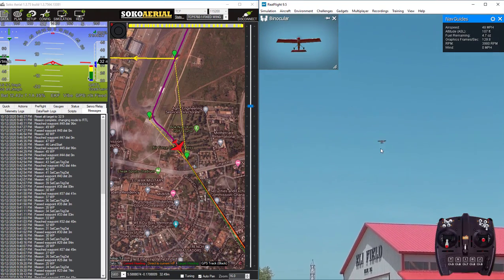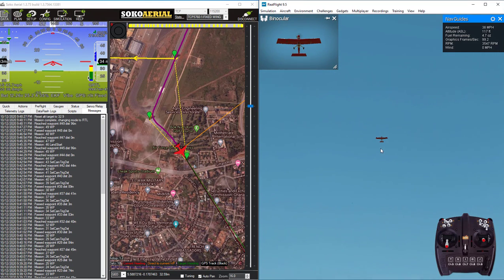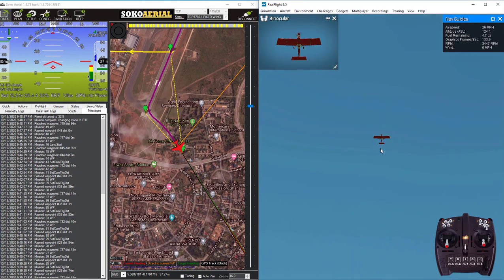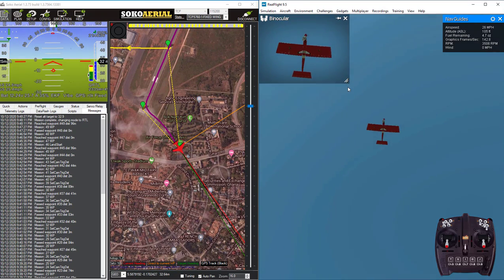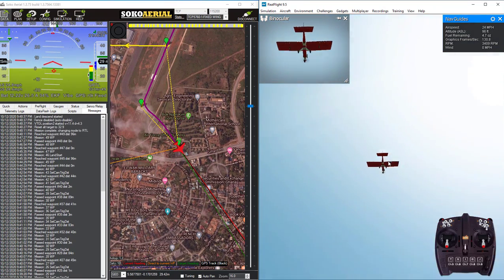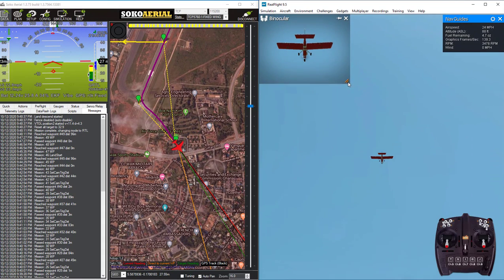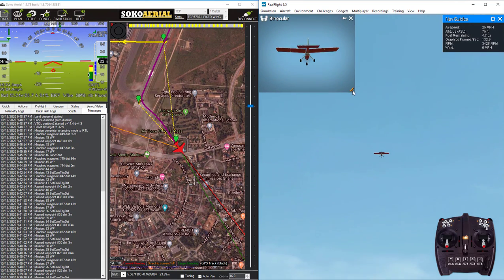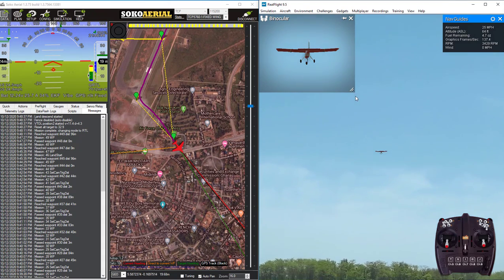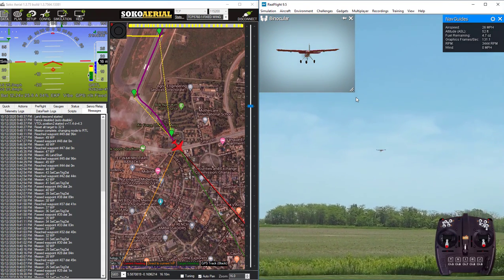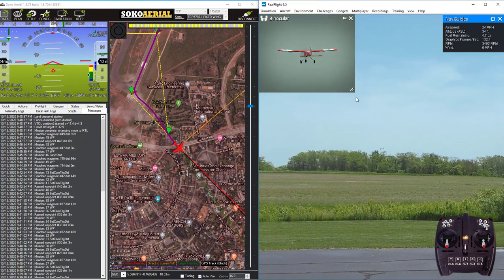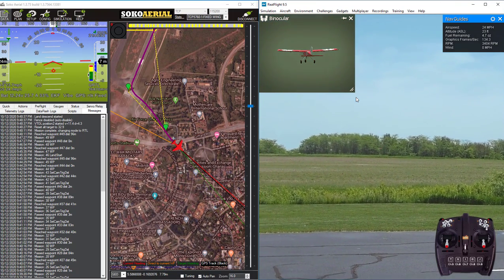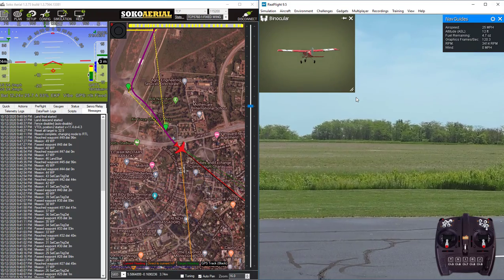Yeah, it is coming in beautifully, slowly, and then I will land it.